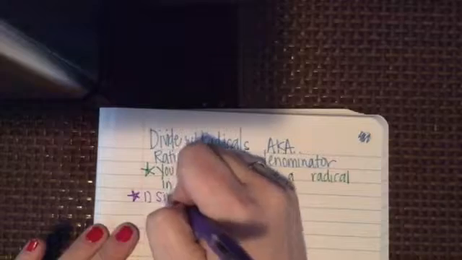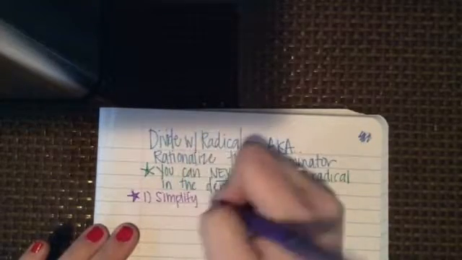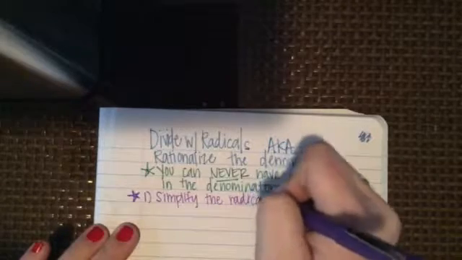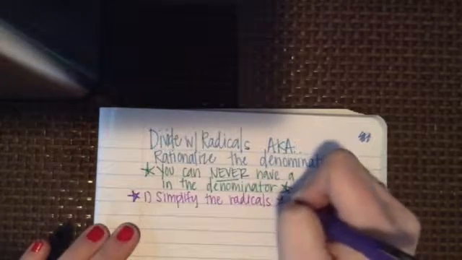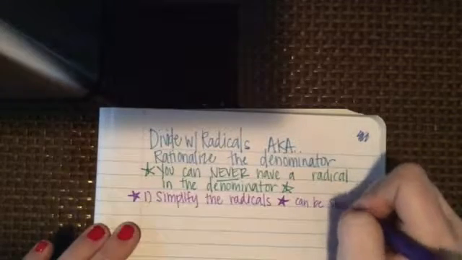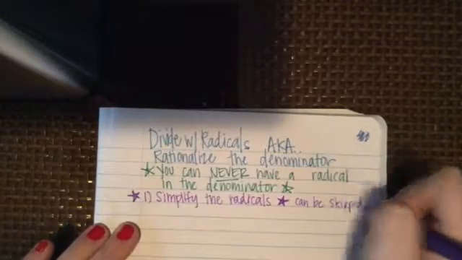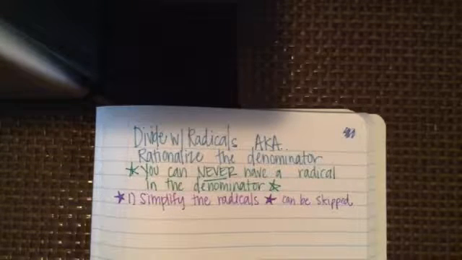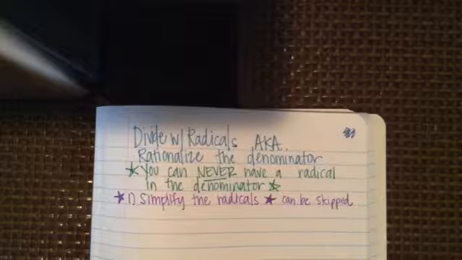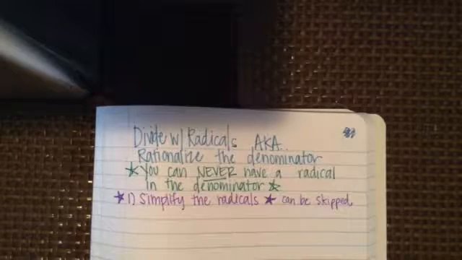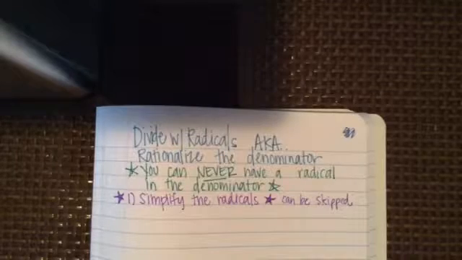So we're going to simplify the radicals. Again, this can be skipped. Sometimes it's skipped because you can't simplify. They're already simplified. It's as easy as it's going to get. Or you can skip this. It just means extra simplifying at the end.